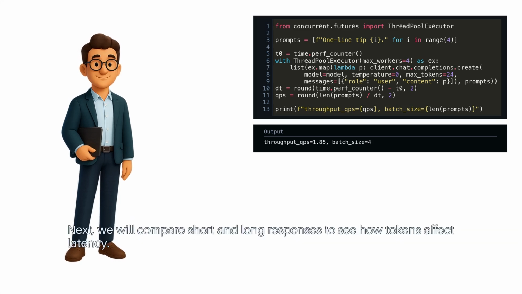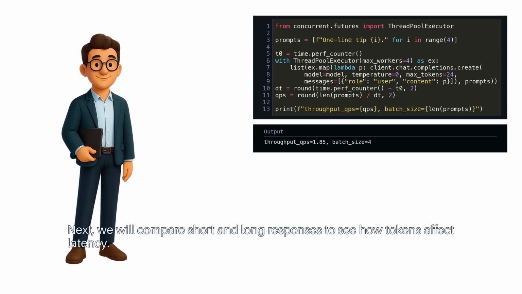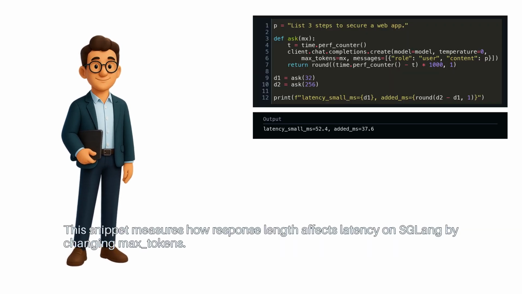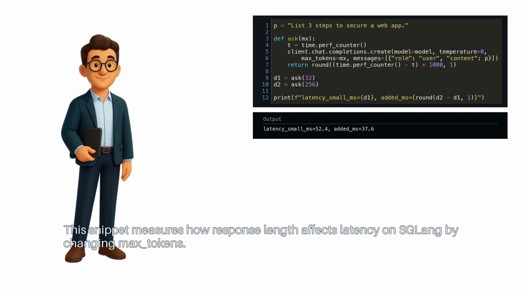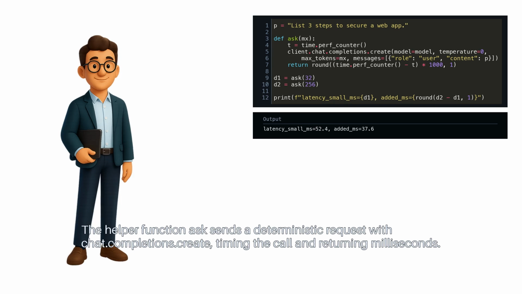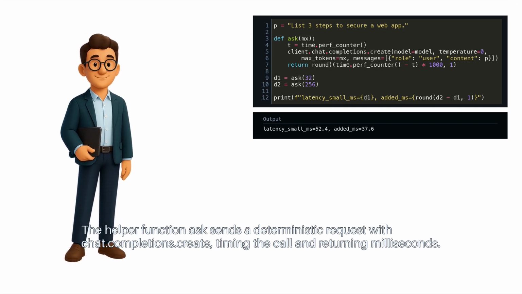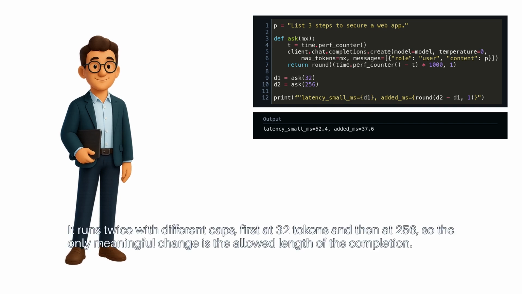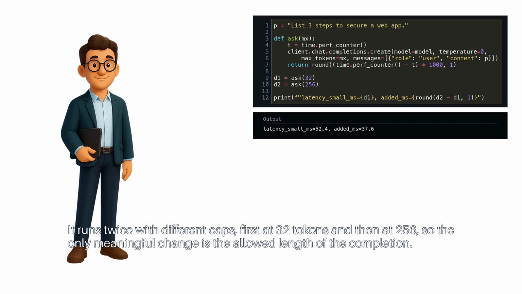Next, we will compare short and long responses to see how tokens affect latency. This snippet measures how response length affects latency on SGLang by changing max tokens. The helper function ask sends a deterministic request with chat.completions.create, timing the call and returning milliseconds. It runs twice with different caps, first at 32 tokens and then at 256, so the only meaningful change is the allowed length of the completion.